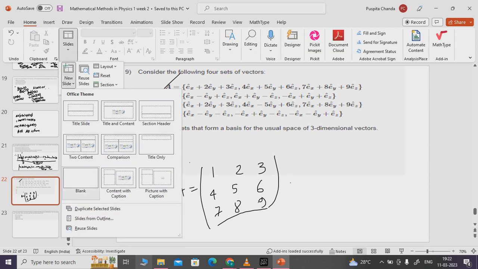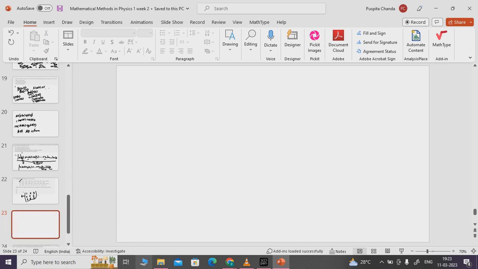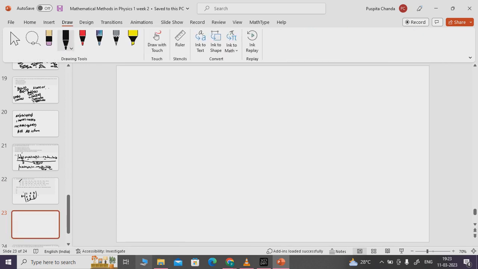So let us check which will form the basis: 1 2 3, 4 5 6, 7 8 9.